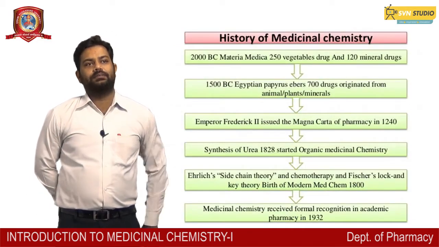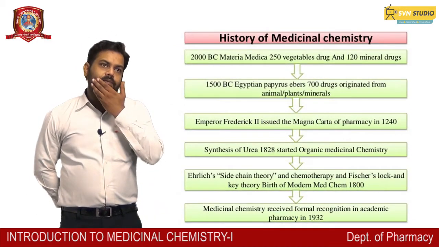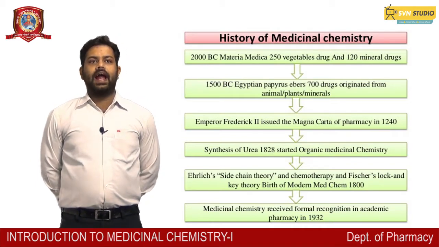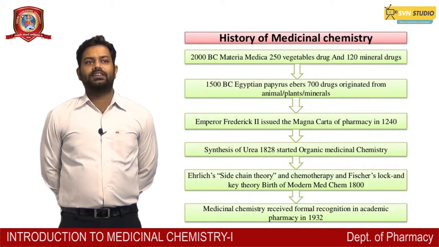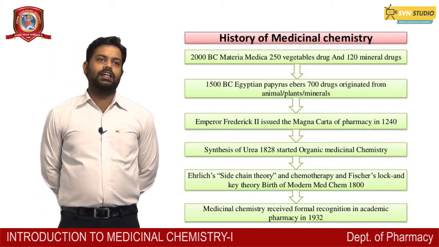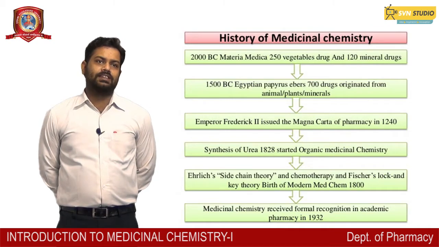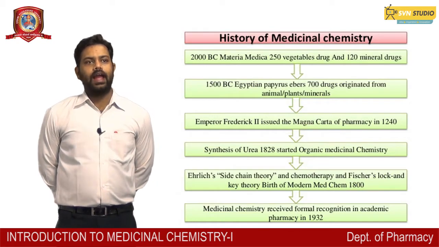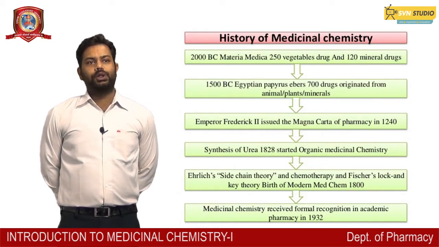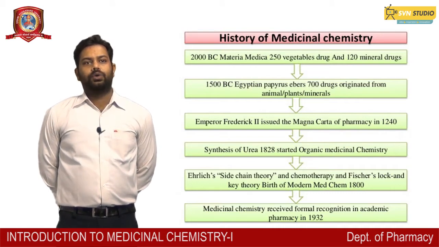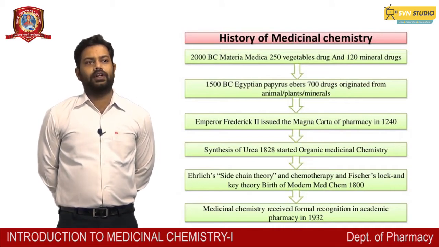History of medicinal chemistry. In 2000 BC, Materia Medica, that is 250 vegetable drugs and 120 mineral drugs, are found. In 1500 BC, the Egyptian Papyrus, 700 drugs originated from animals, plants and minerals. Emperor Frederick II issued the Magna Carta of pharmacy in 1240.